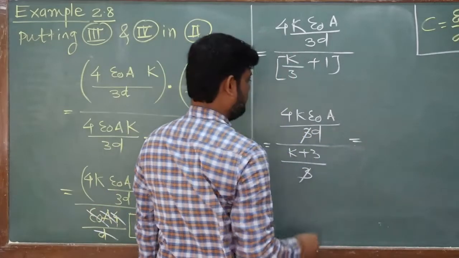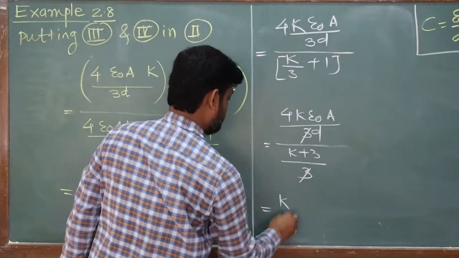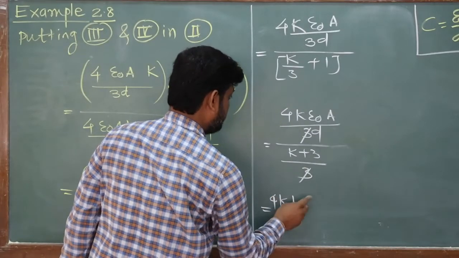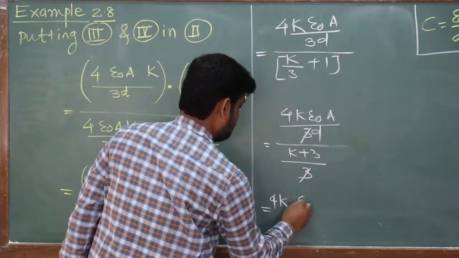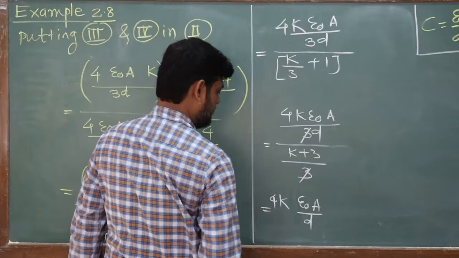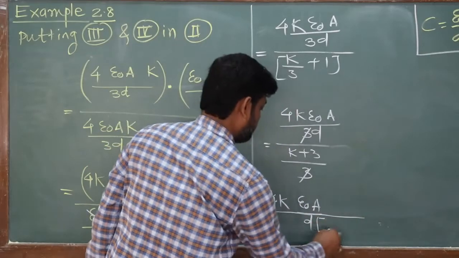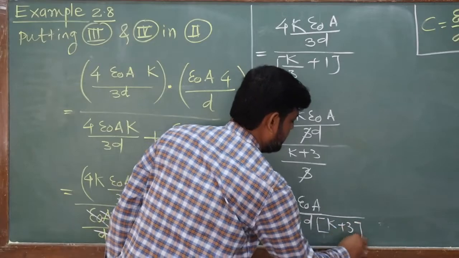We can write only 4K epsilon 0 A by D, right, divided by K by 3 we can write.